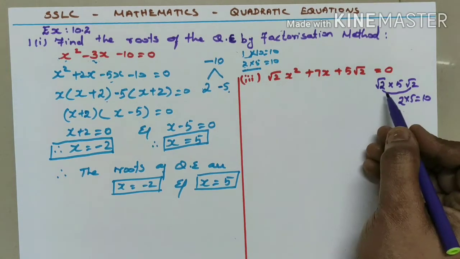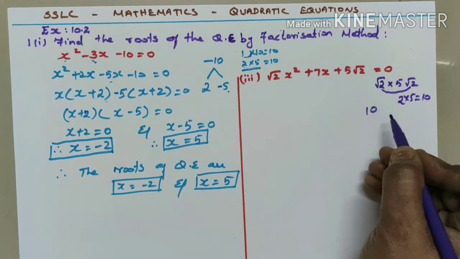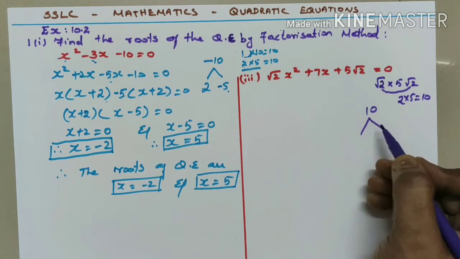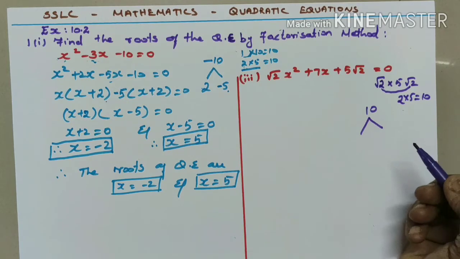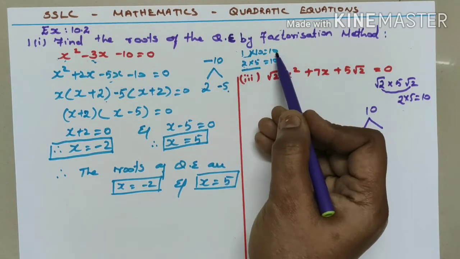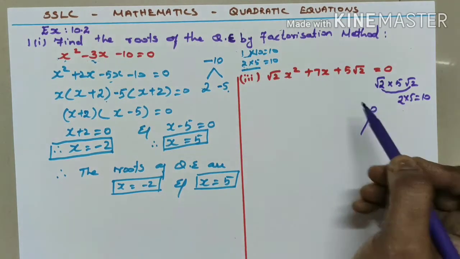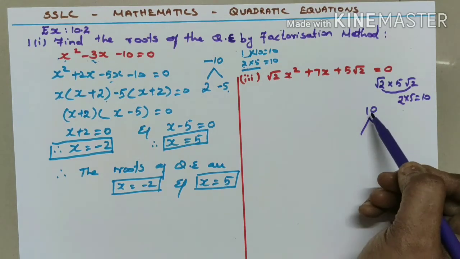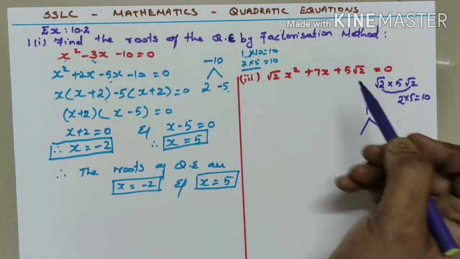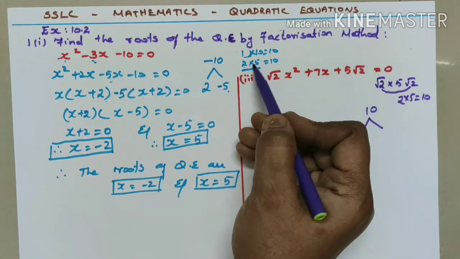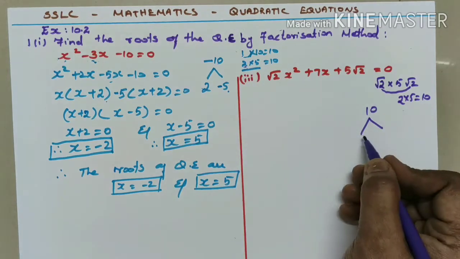Is it clear? So now 10 is the number for which we should find the factors. 1 tens are 10, 2 5s are 10. So if you multiply, you should get 10. If you add or subtract, you should get 7 as the answer. So which is possible? 2 and 5 are the possible factors.